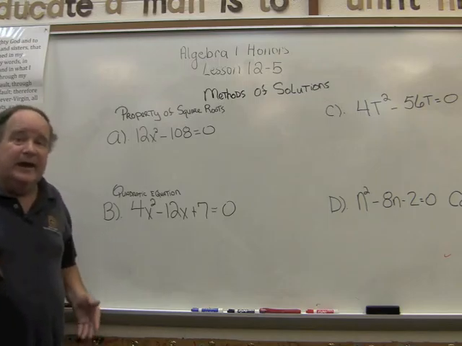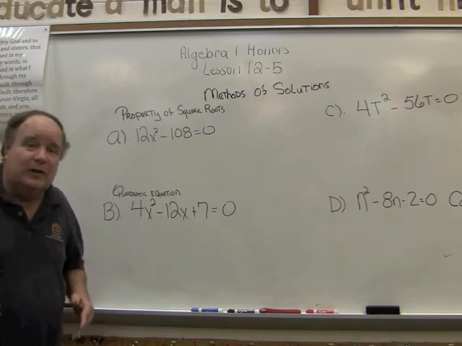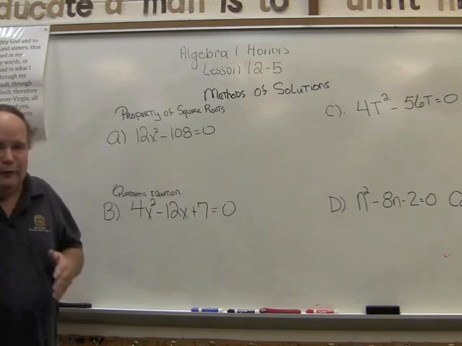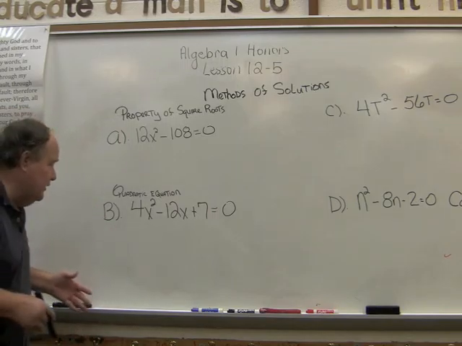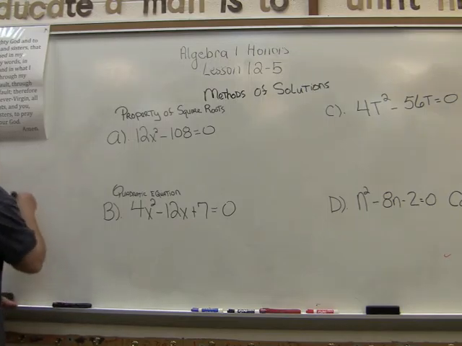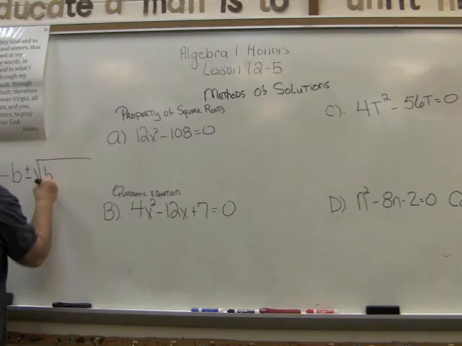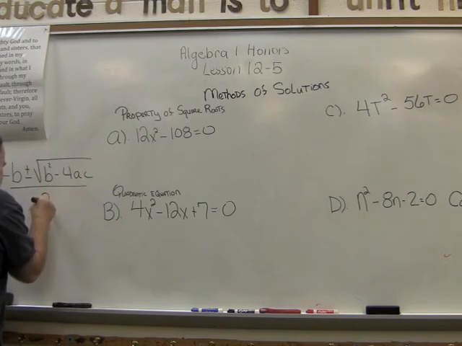Negative b, plus or minus the square root of b squared minus 4ac over 2a. As you're writing the quadratic equation, which I'm going to put over here, here it is: negative b, plus or minus the square root of b squared minus 4ac over 2a.